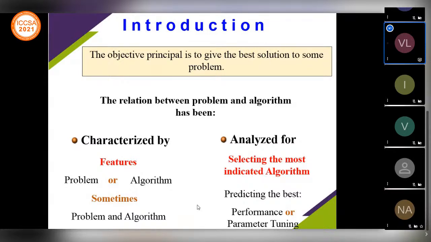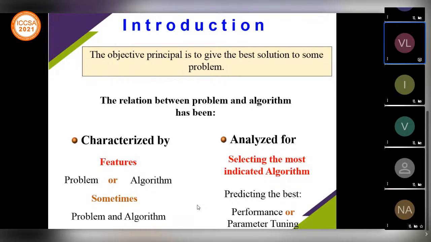But also, the problem-algorithm relation has been analyzed at descriptive and predictive understanding levels. In the last case, for selecting the most indicated algorithm, either predicting the best performance or tuning parameters.